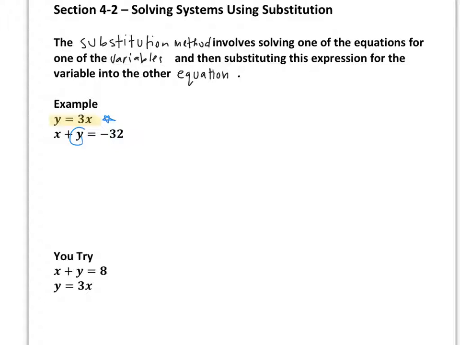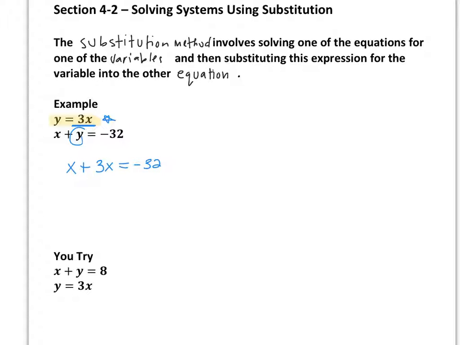into my second equation. So we're going to take our second equation, x plus y, but we know y equals 3x. So instead of writing y there, I'm going to put 3x, and it still equals negative 32.